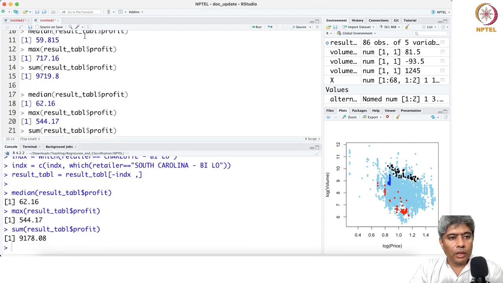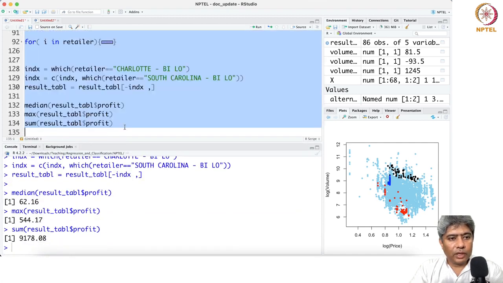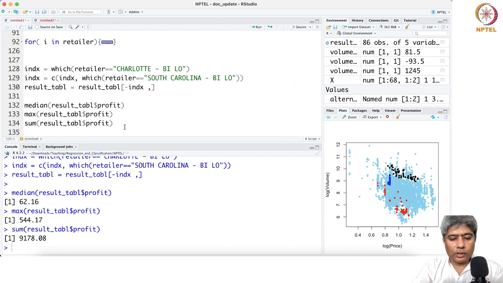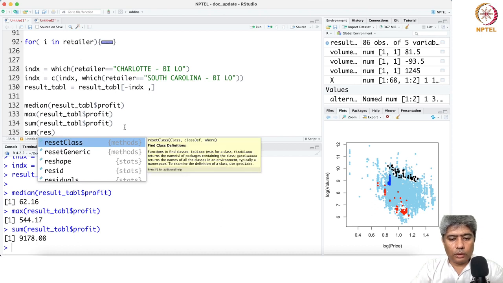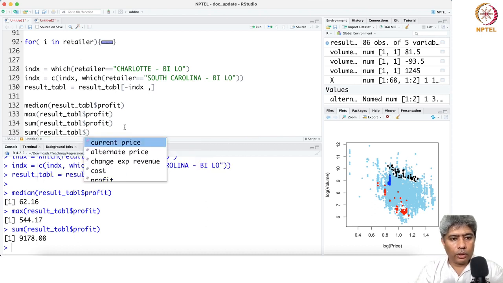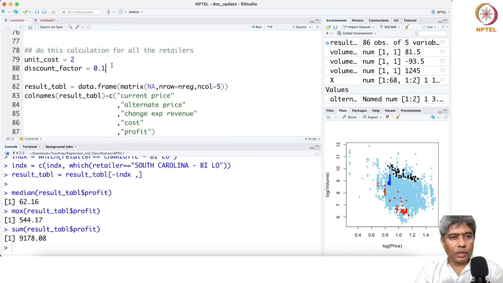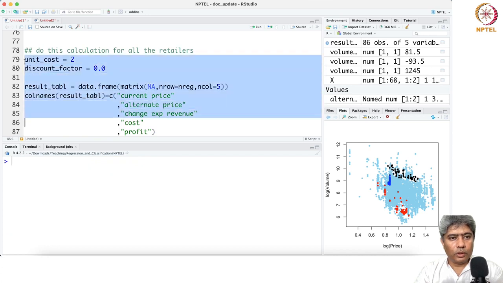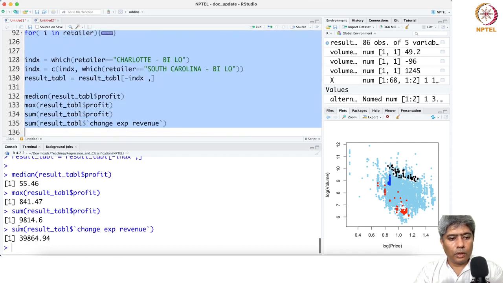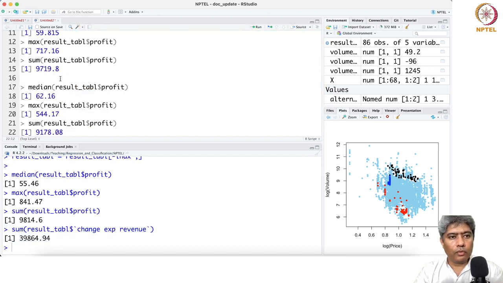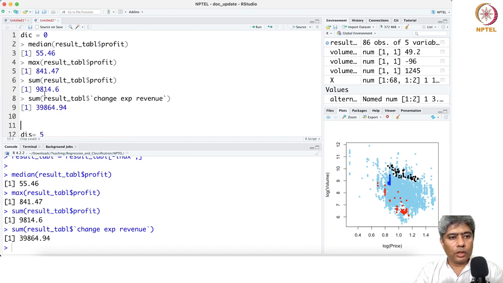And then if I just say this of result table dollar expected revenue, the change of expected revenue. So at 0 discount, my total revenue is $39,000.